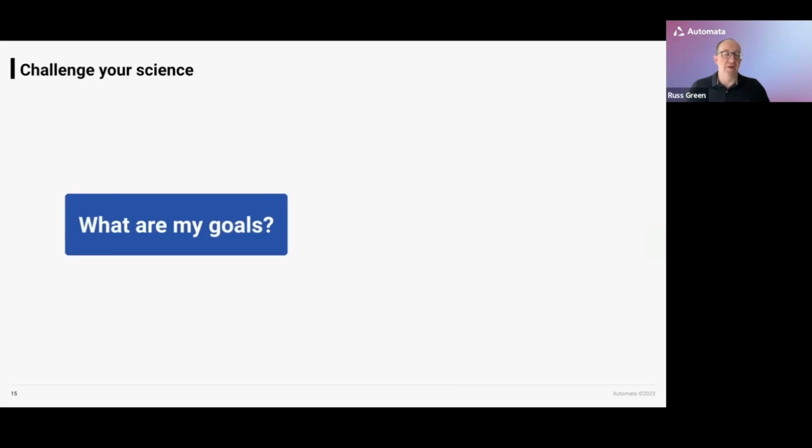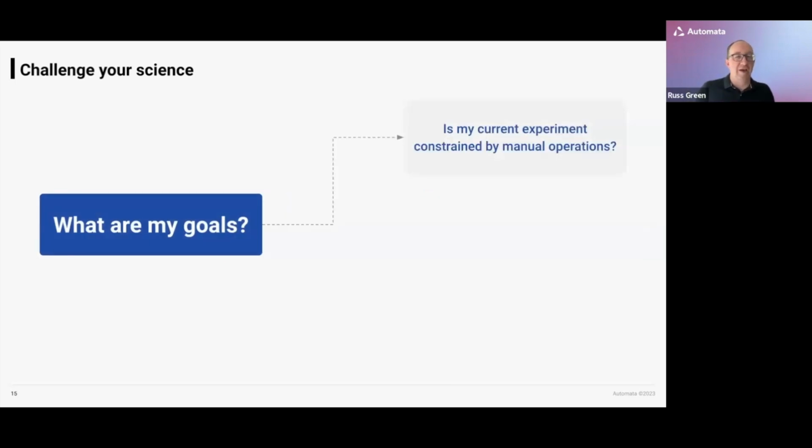One of the first things I always think we have to get people to think about is whether my experiment is currently constrained by manual operation. Is the goal that I want to achieve actually being inhibited by what I do manually? One of the simplest examples of that relates back to the throughput challenge. Not all, but a lot of cell line development experiments are a numbers game.